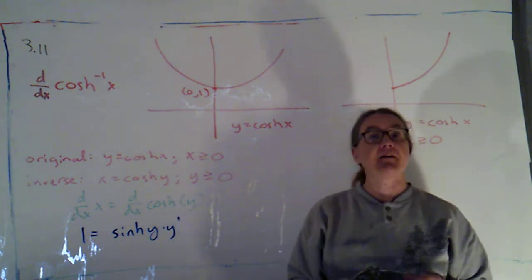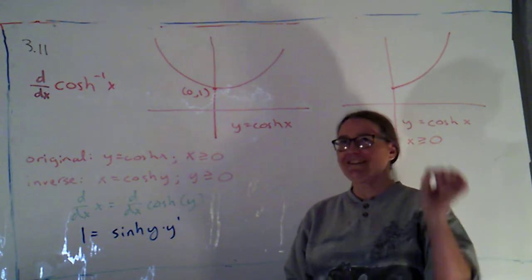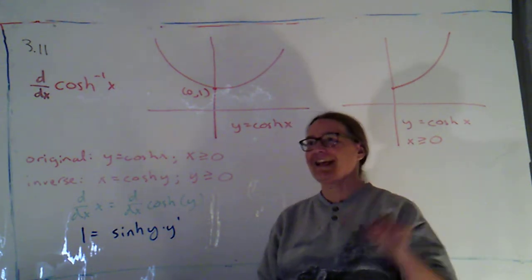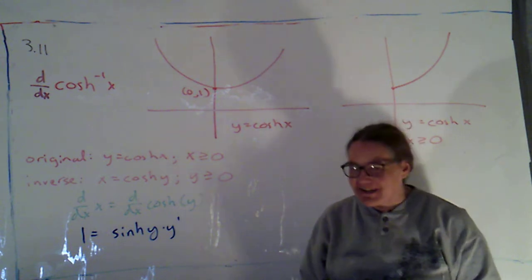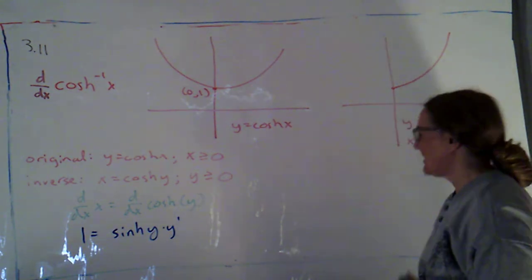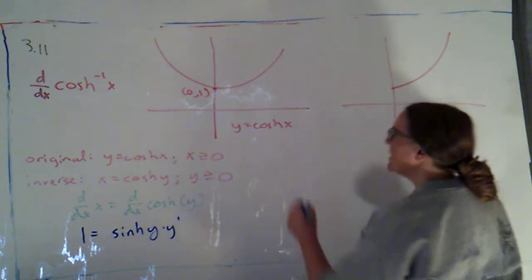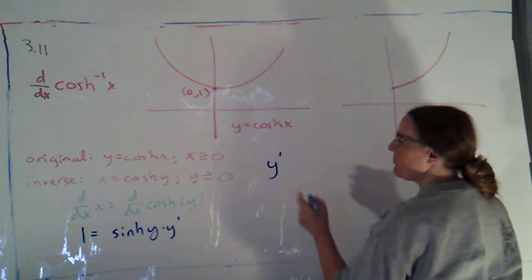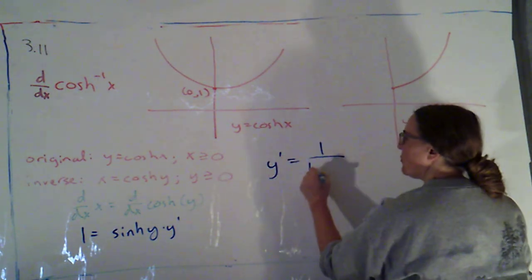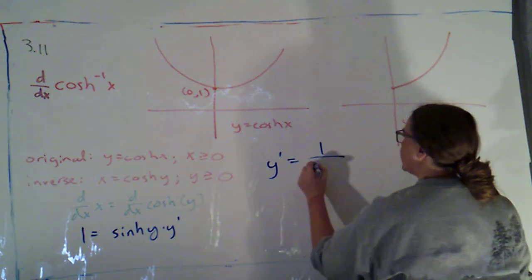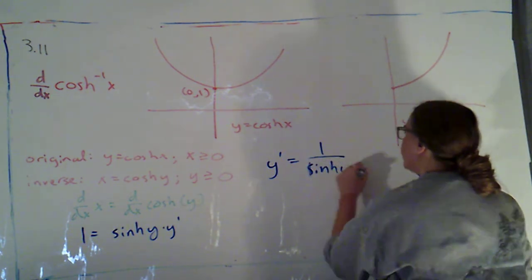The three that are defined as reciprocals, cosech, coth, and sech, do have a negative sign in their formulas. Okay, so now I'm going to say y prime is equal to 1 over sinh of y.